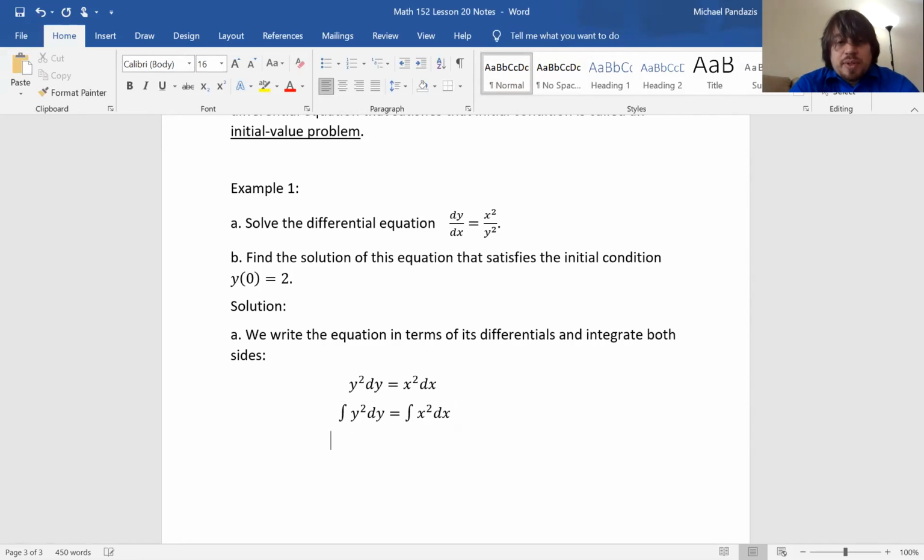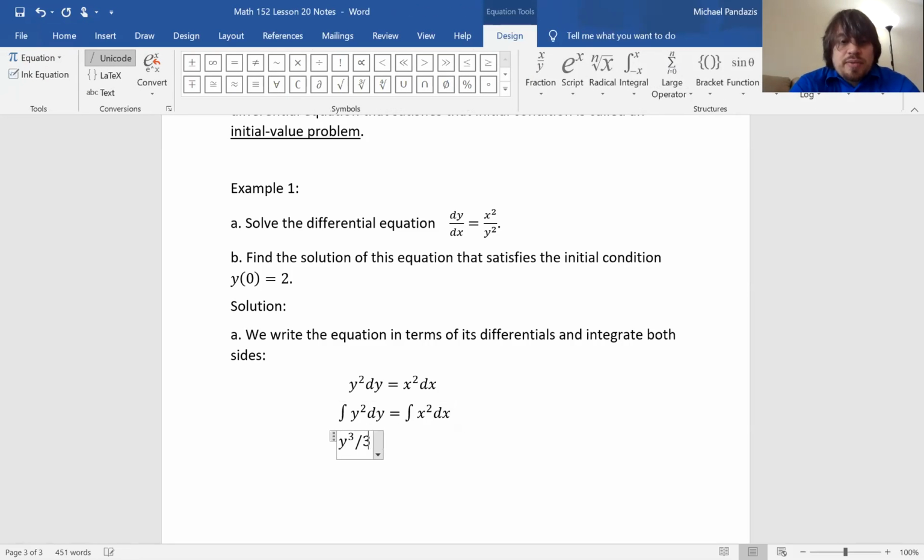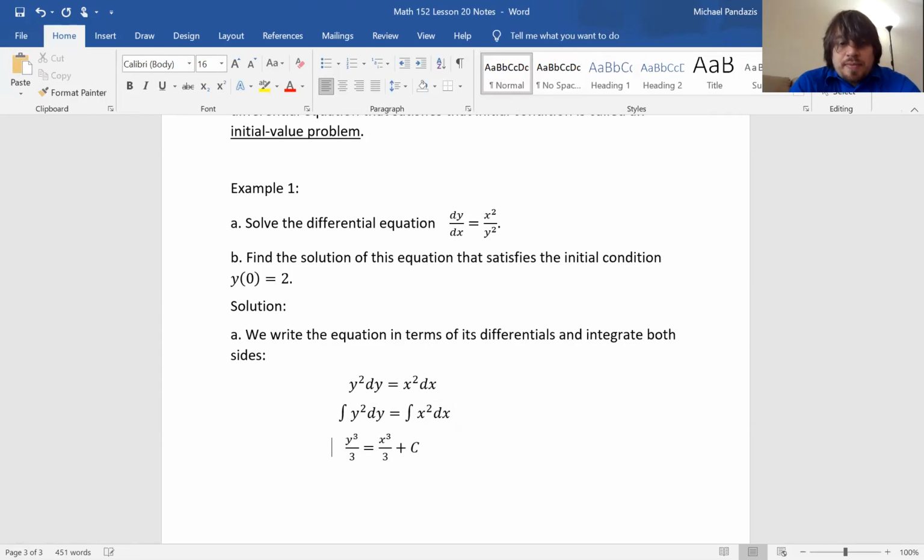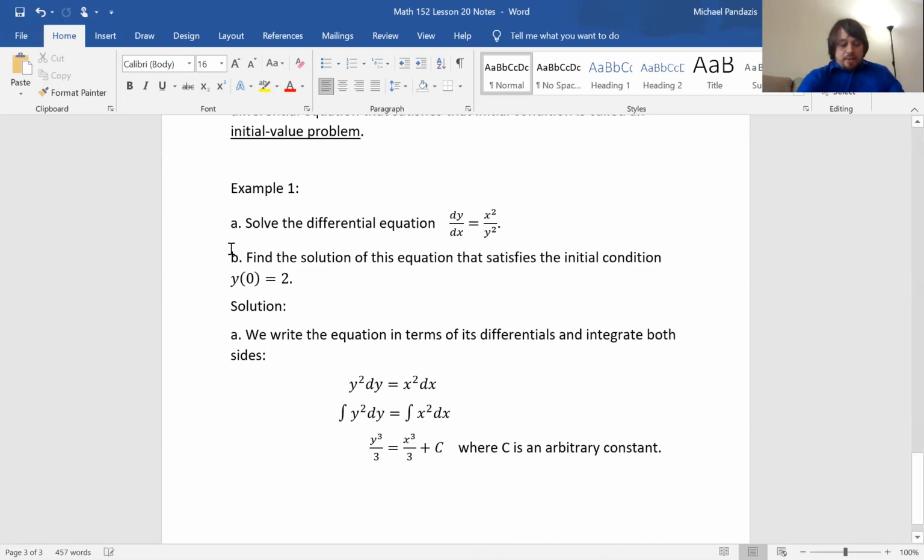Now that you've integrated both sides, calculate the integral of both sides. You have y cubed over 3 is equal to x cubed over 3 plus the integration constant C. So you've now solved for y implicitly in terms of x, where capital C is an arbitrary constant, the arbitrary constant you get when you calculate an indefinite integral.